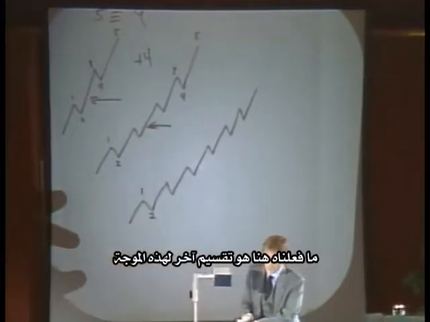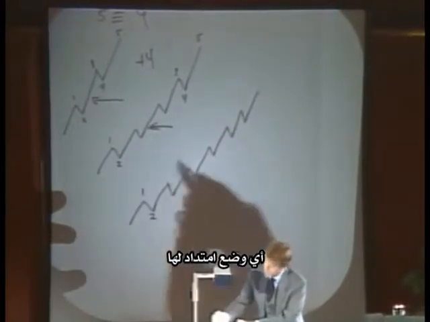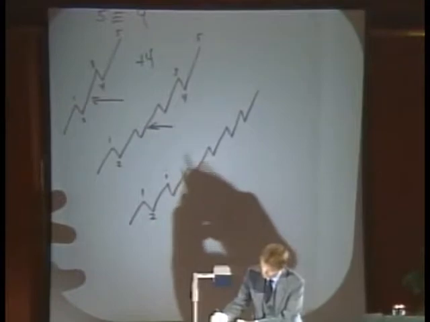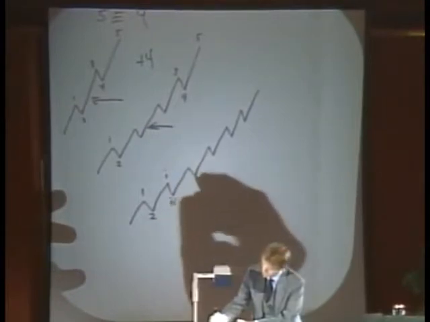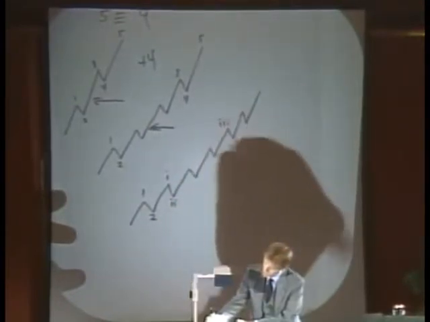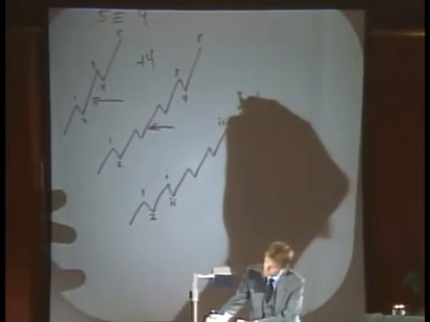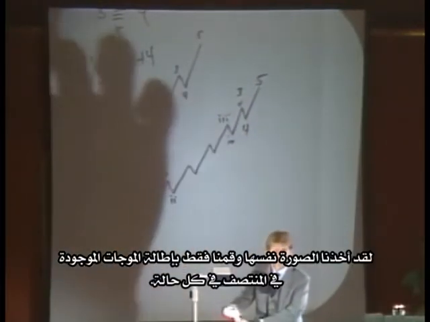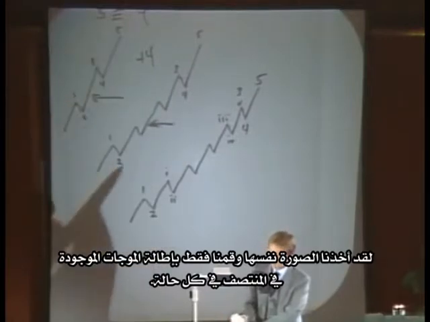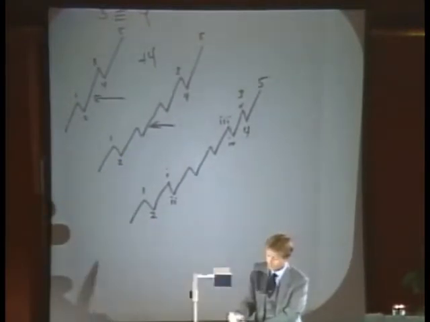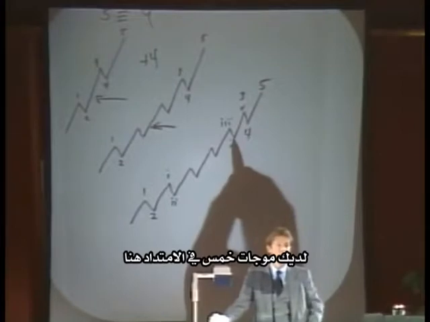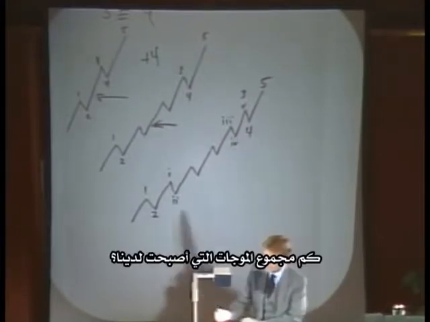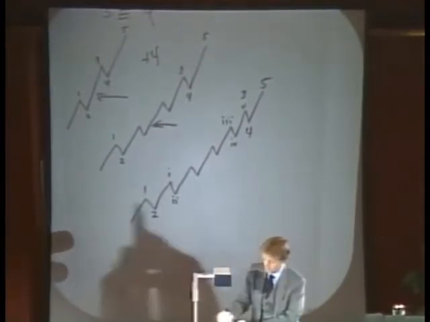What we've done here is to further subdivide this wave, put an extension in it. Okay, I've taken the exact same picture and just extended the middle wave in each case. You've got 5 waves within the extension right here. How many total waves are there here?